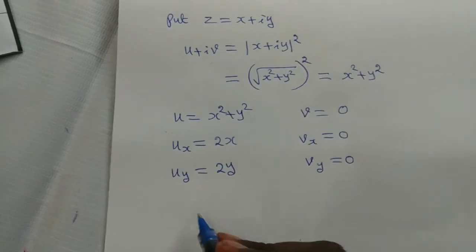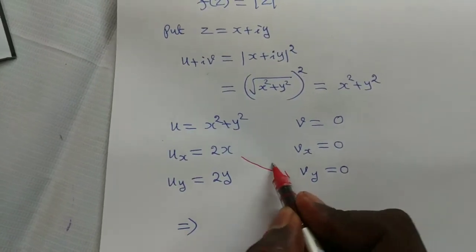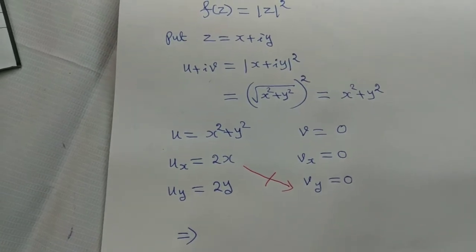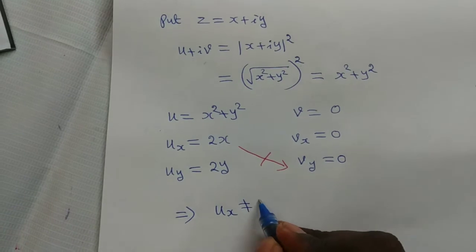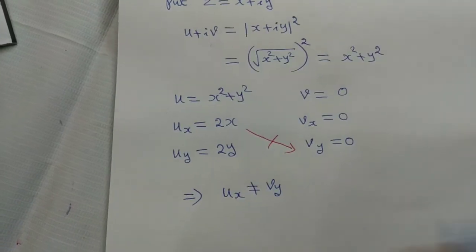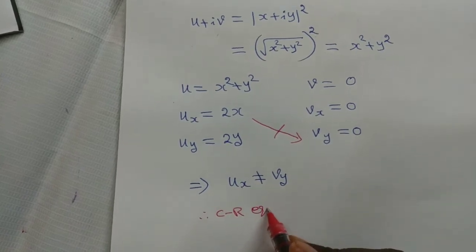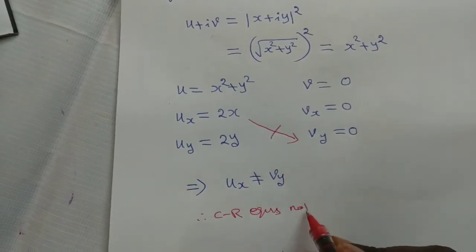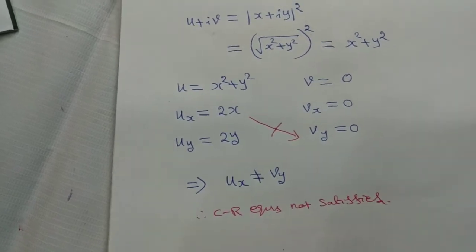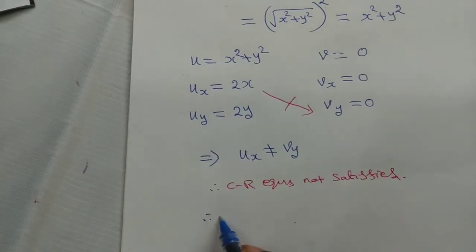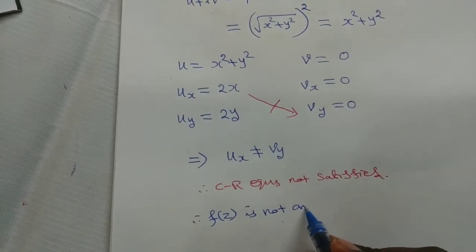So from this, ux is not equal to vy. CR equation not satisfied. Therefore f of z is not analytic.